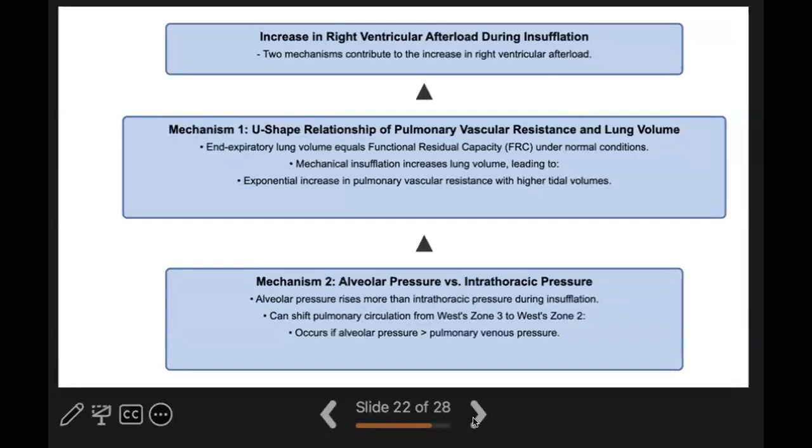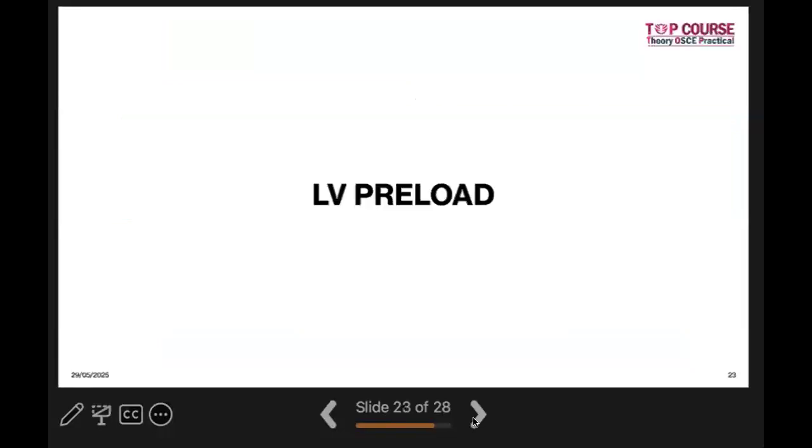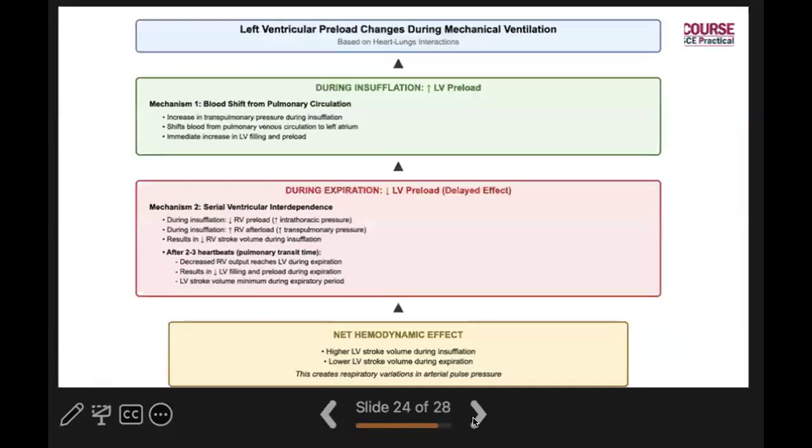The extraalveolar vessel resistance is going to decrease. So overall, there is an increase in the pulmonary vascular resistance, and most of the zones are going to behave like West zone 2, and there is going to be an increase in the right ventricular afterload. The same thing happens in a mechanically ventilated patient and in a spontaneously breathing patient also.